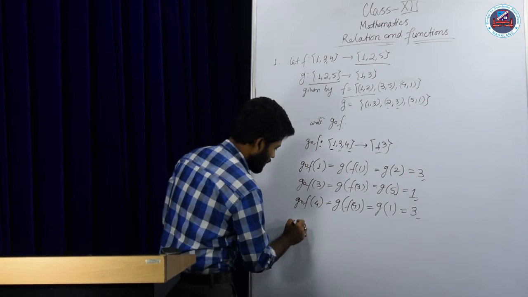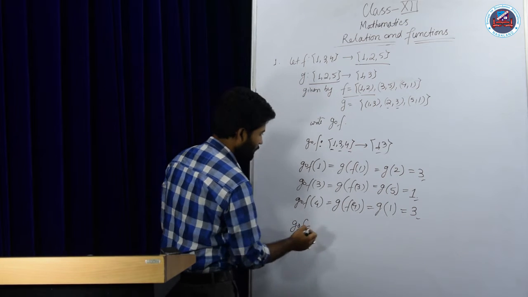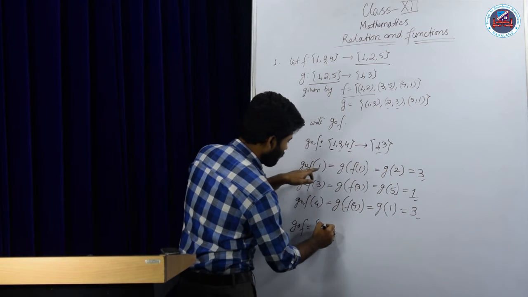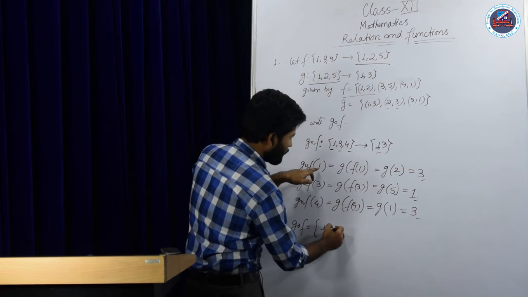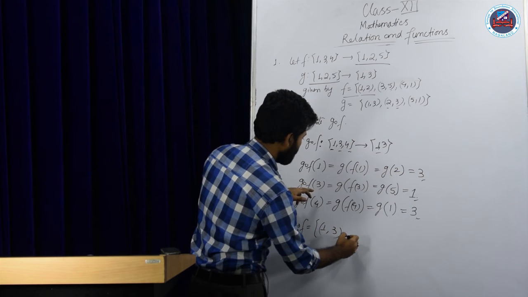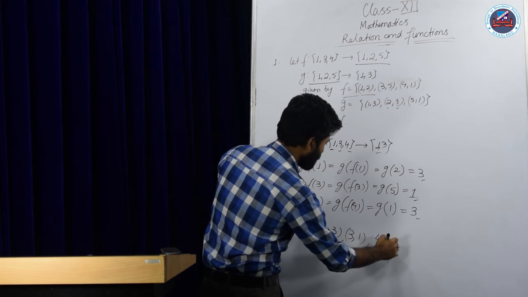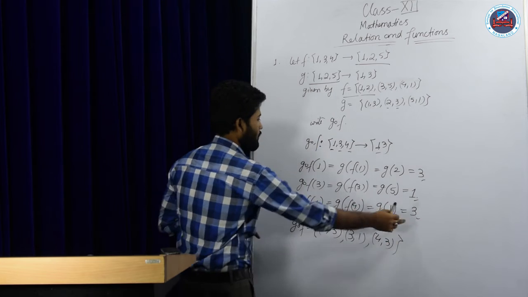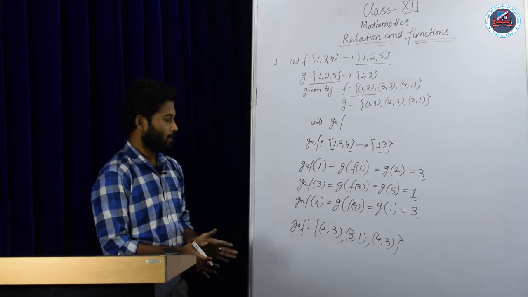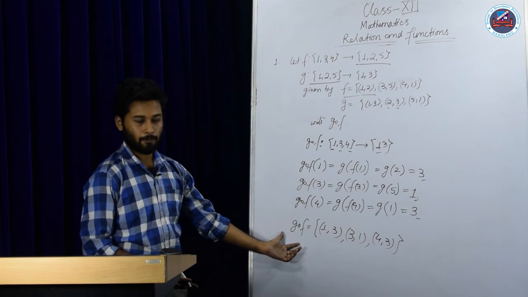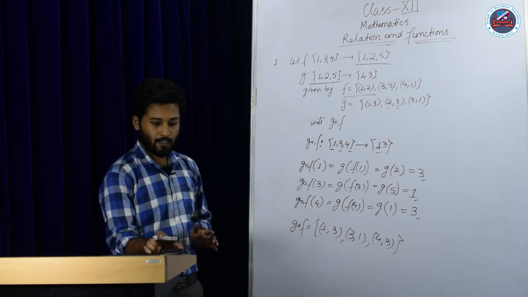So what is our new function then? G of f is equal to {(1, 3), (3, 1), (4, 3)}. So hence we have found out what g of f is. Next, let us see another problem.